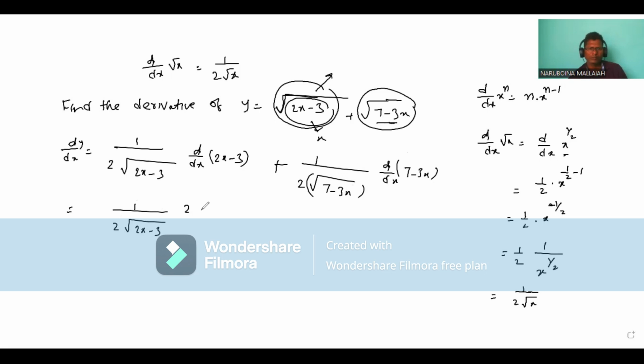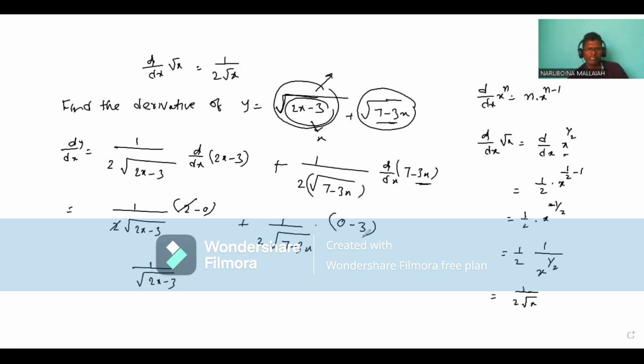Derivative of 2x is 2. Derivative of 3 is 0. Plus 1 by 2 into square root of 7 minus 3x. Derivative of 7 is 0. Derivative of minus 3x is minus 3. So I am writing here minus 3. This becomes 2 minus 0, which is nothing but 2. This 2 gets cancelled. We are left with 1 by square root of 2x minus 3.